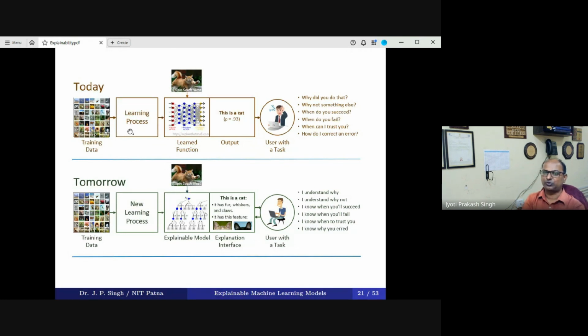Today, we have certain images, we have a learning process, then we make a model, say a deep learning based model like a CNN, a recurrent neural network, or a transformer based model. So we have a learned function. If we give our data as input to this learned function, it will give me an output: this is a cat, this is a dog, this is a husky, this is a wolf, and so on.